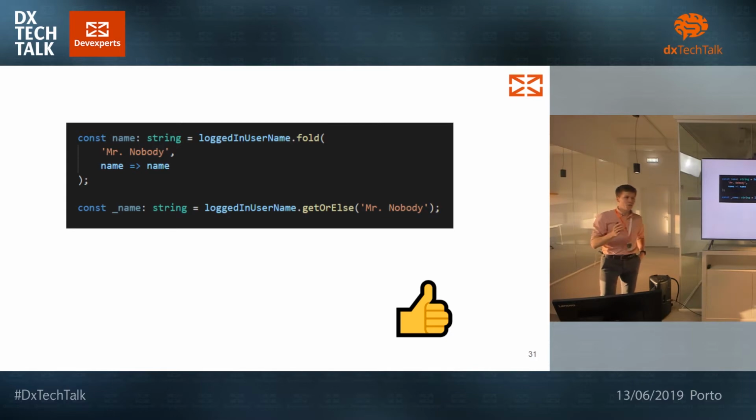So the whole process with option is you wrap your nullable data into option somewhere in like API layer, and then through your application you map, and before showing value in the UI, you fold it to value from the inside or some default behavior.